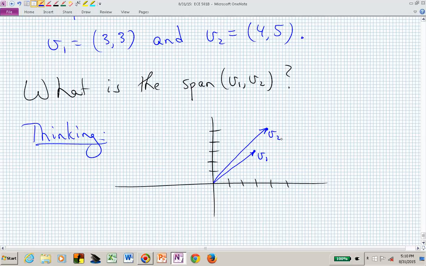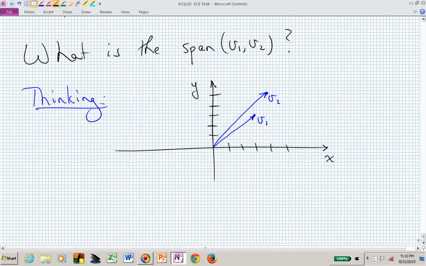They are not too different, but they are not aligned, are they? So because there is some distinction in those vectors, we can linearly combine them however we want in order to cover the entire two-dimensional plane.